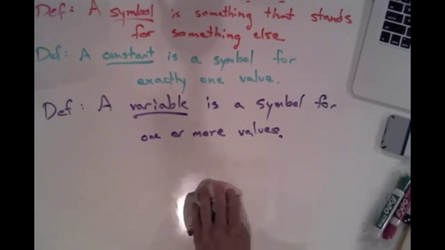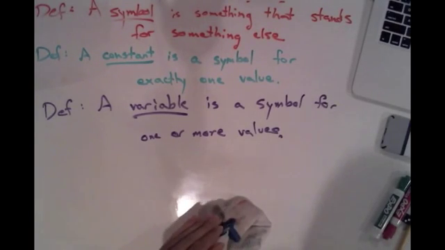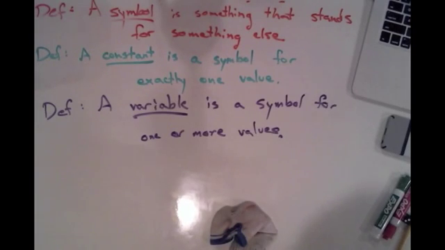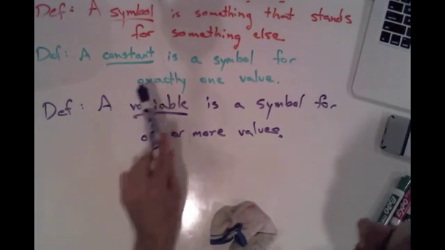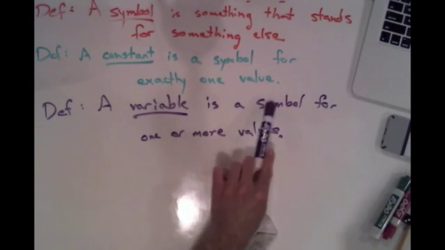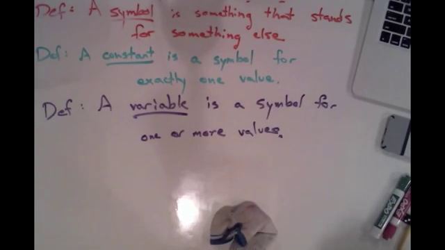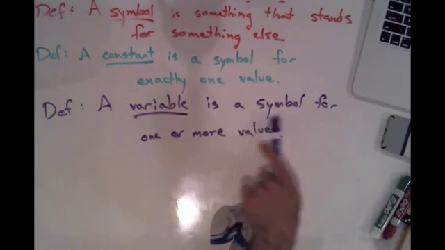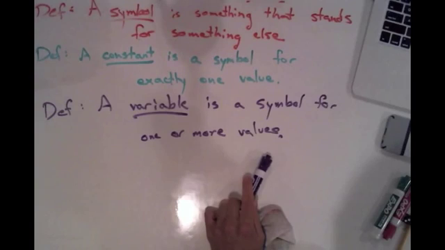So you might be asking, is a constant a variable? Well, let's go back to the definition. A constant is a symbol with exactly one value. Now, is a symbol with exactly one value a symbol with one or more values?